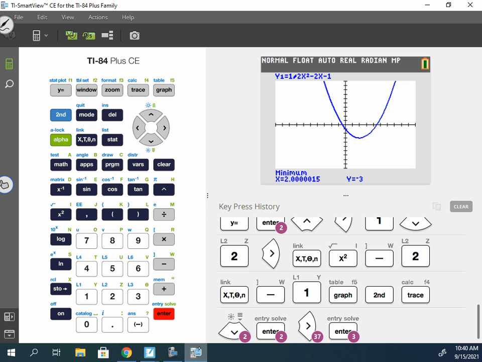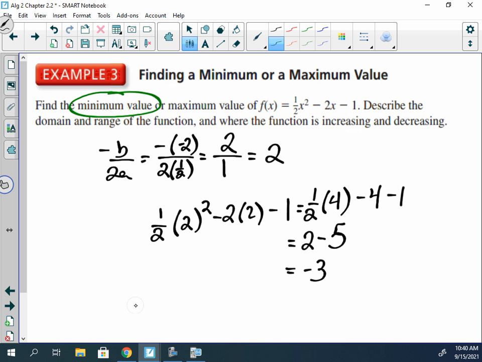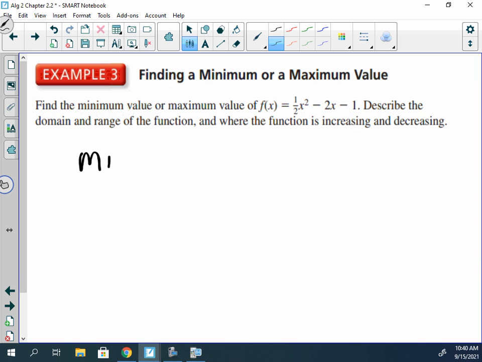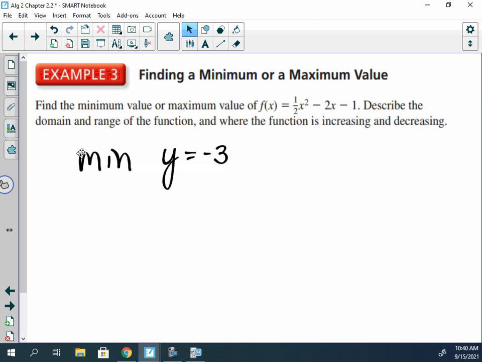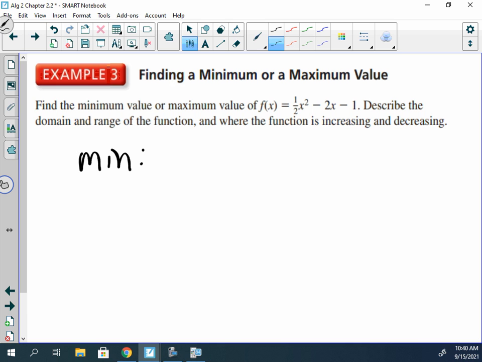So that took care of the minimum value, because our min is really y equals -3. Because if we look back here, minimum value, f of negative b over 2a. So the minimum value is -3. Describe the domain and range.